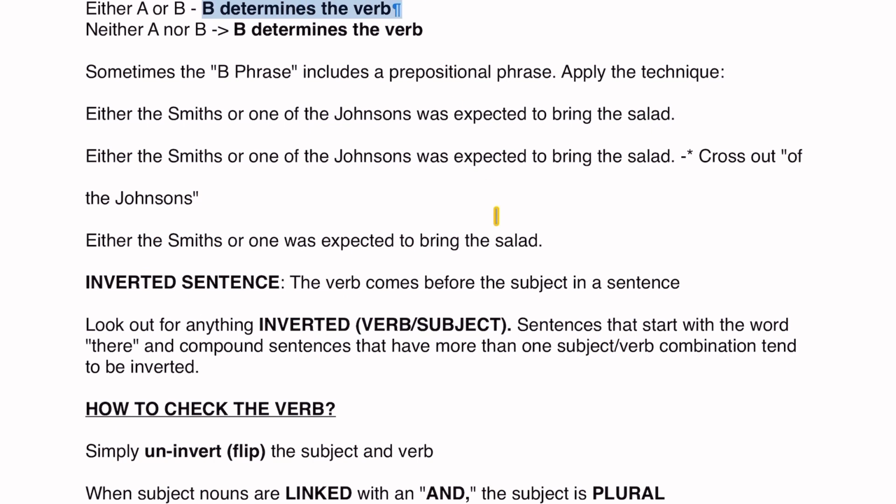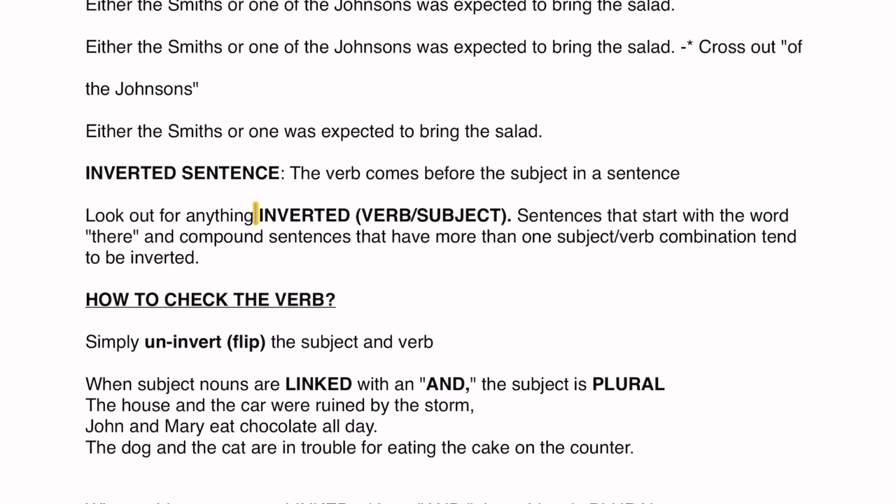Okay. Inverted sentence: the verb comes before the subject. Look out for anything inverted. Inverted means the verb and subject are reversed.